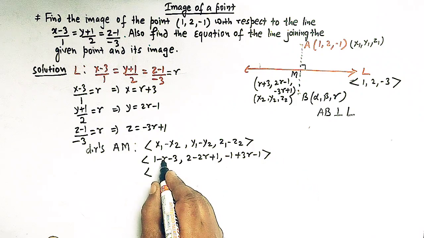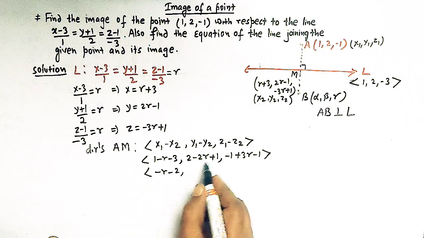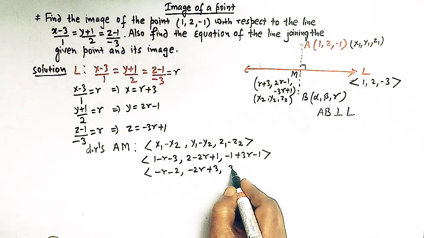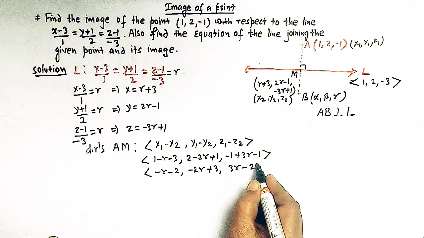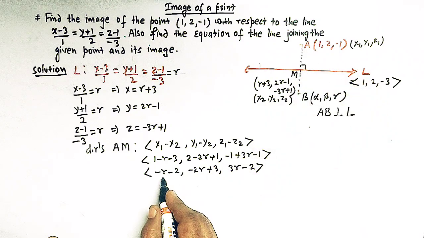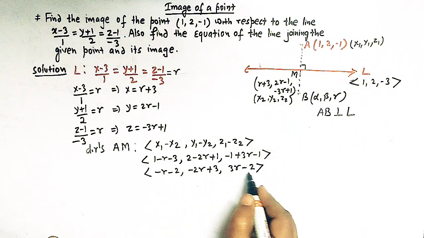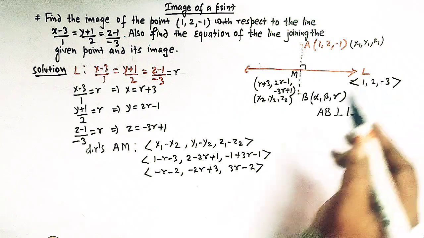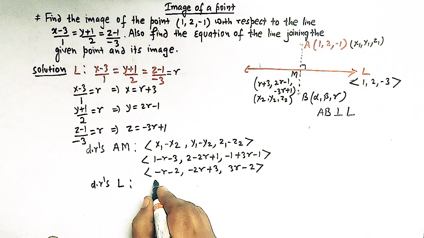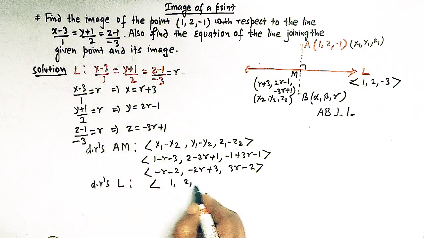So we have here -R - 2, then -2R + 3, and this is 3R - 2. So the direction ratios of AM are given by -R - 2, -2R + 3, and 3R - 2. And the direction ratios of the line L are given by 1, 2, and -3, right?